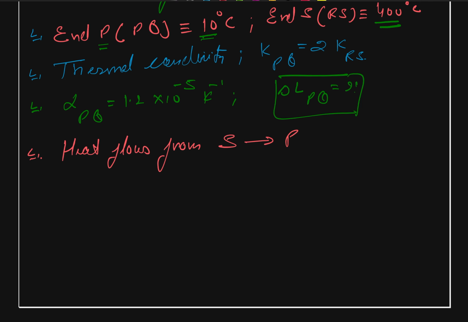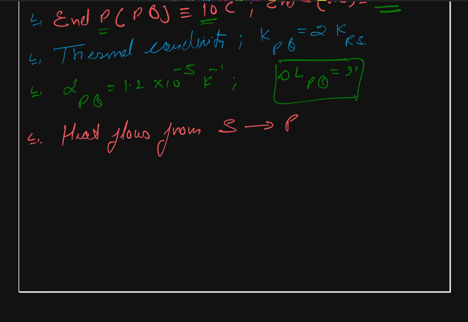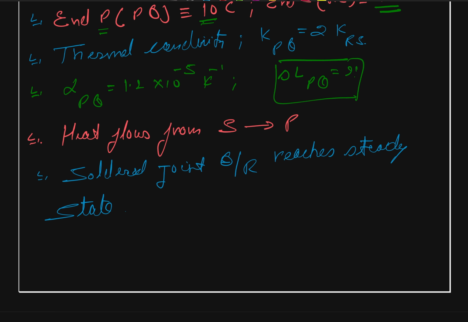And we can also say that the solder joint, which we call Q, or we can say R, reaches steady state temperature T. So it means basically at a steady state we can say that the heat flow through PQ equals the heat flow through RS.